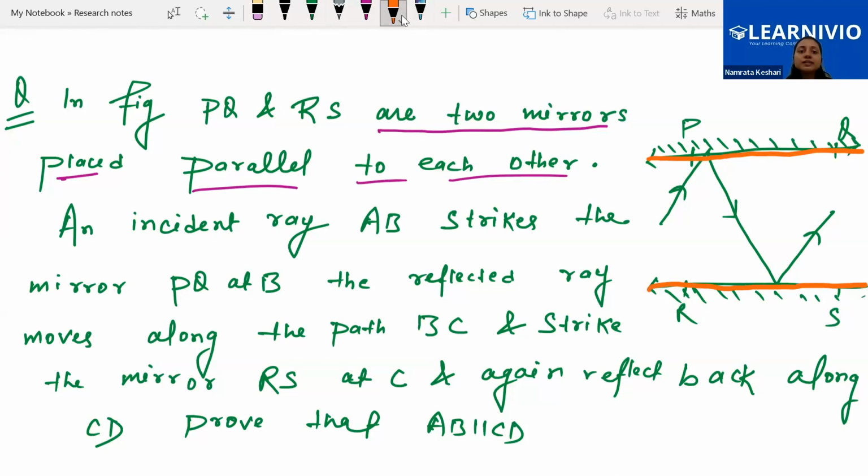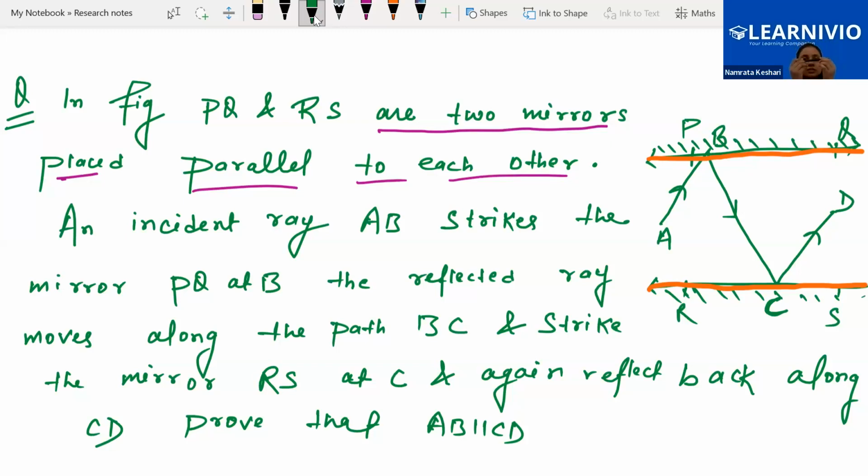An incident ray AB is there. I have not written the name properly. Let me mark it down: A, B, C, D. An incident ray AB strikes the mirror.